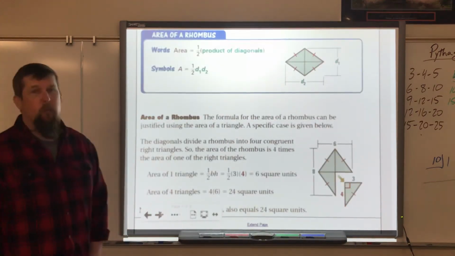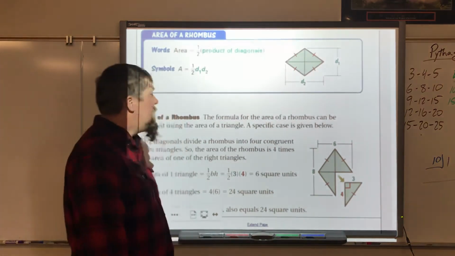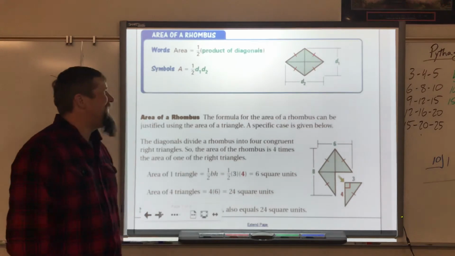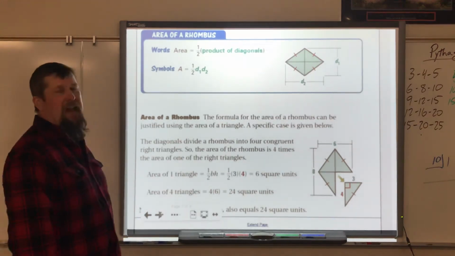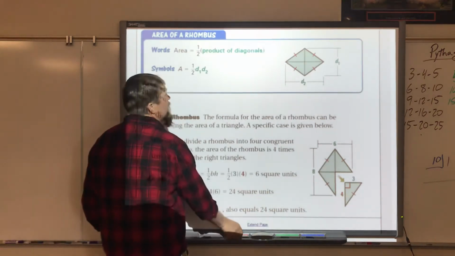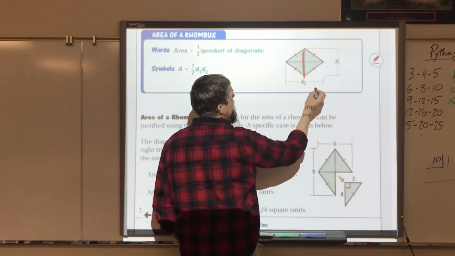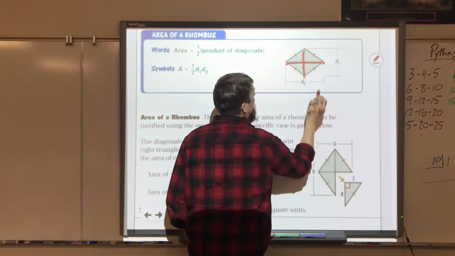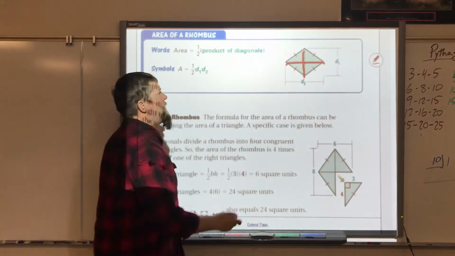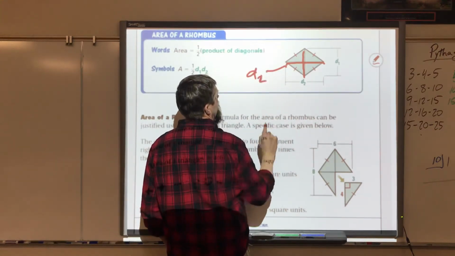The area of a rhombus. A rhombus is a parallelogram. However, when you are given the diagonals of a rhombus, the diagonals of a rhombus, of course, are the distances between the vertices. So this distance right here is D2.